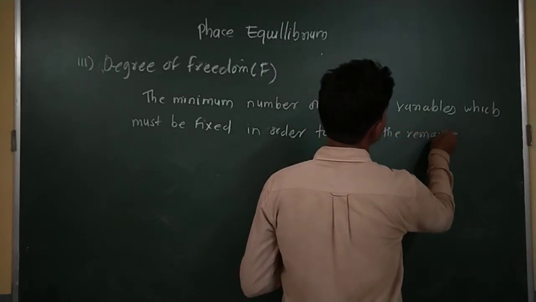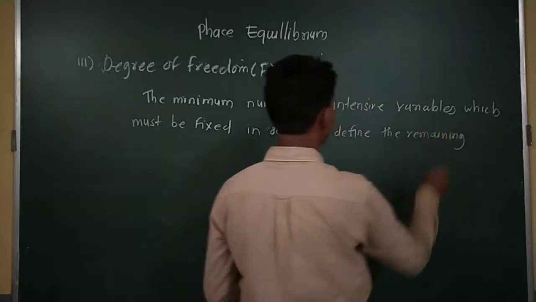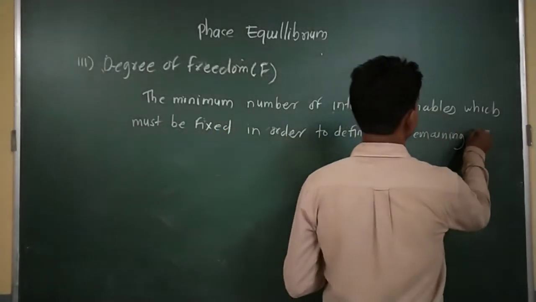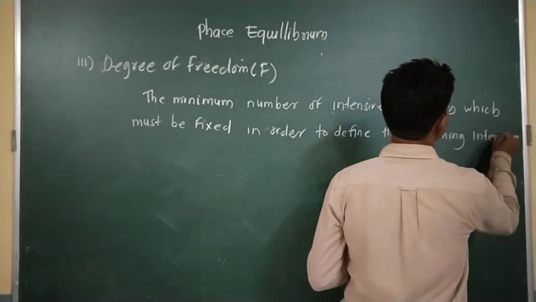This word intensive is very important. You have heard about intensive variables. I will explain what is meant by intensive. This is the definition, and the definition is very important from the exam point of view. So you have to write these definitions in your notebook.